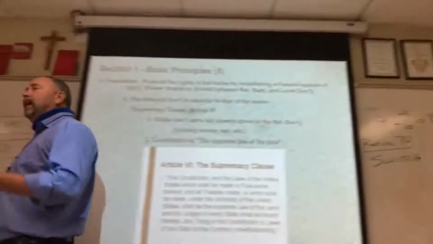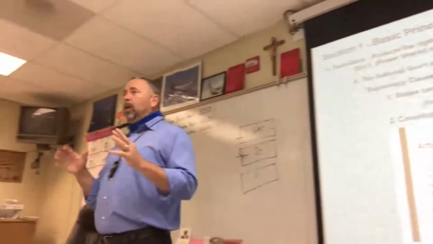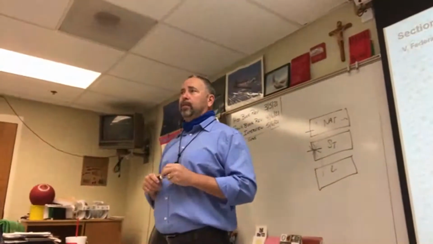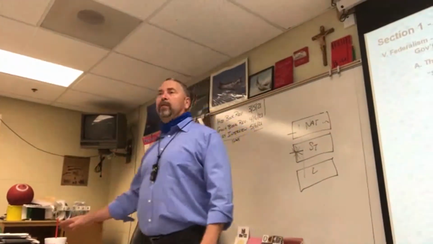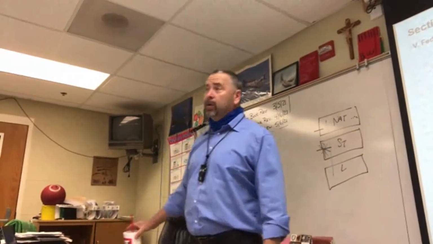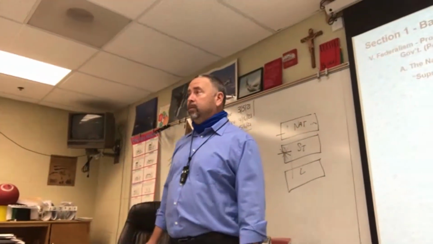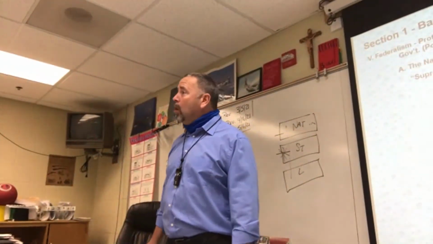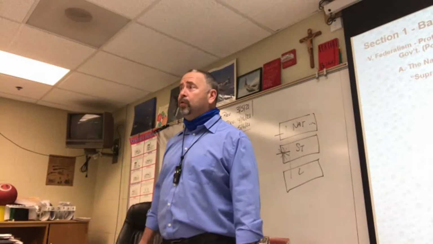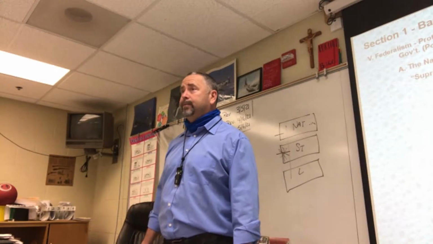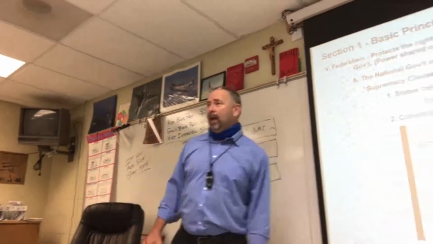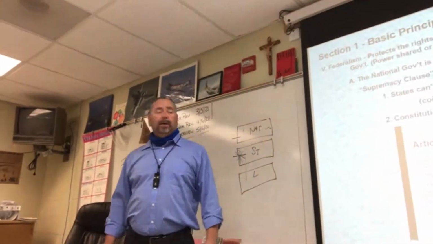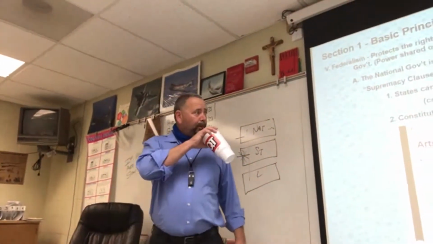So your state laws are trumped by the U.S. Constitution. This is what allowed us, guys, to do away with things like Jim Crow laws of segregation. Okay? It took a long time to do that in this country. But it is the Constitution that allowed for that to change. Okay?